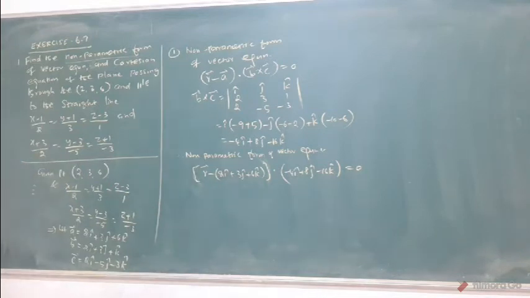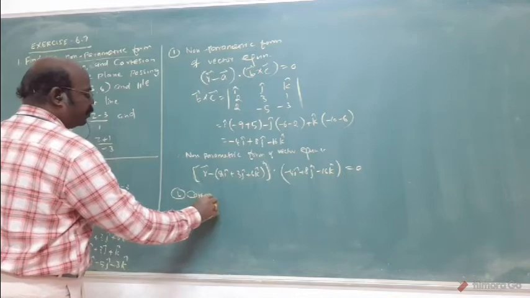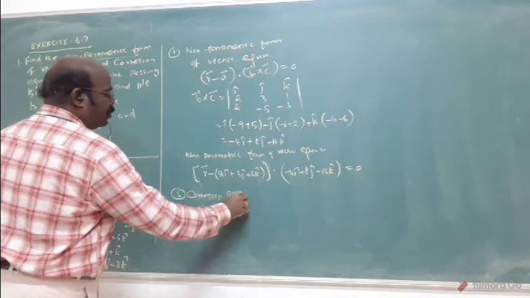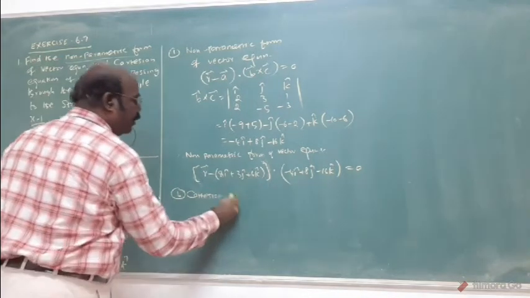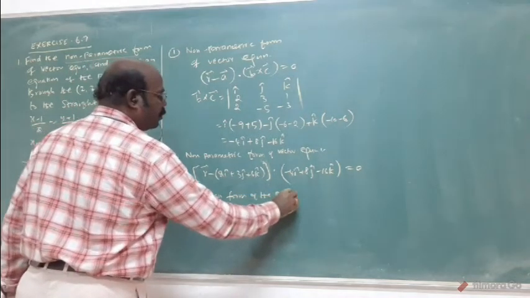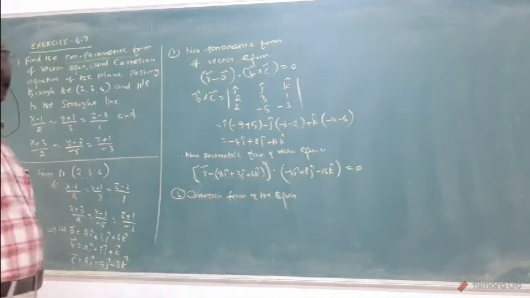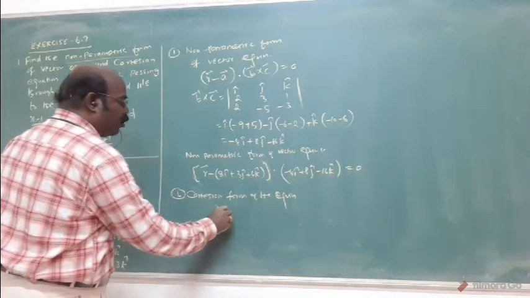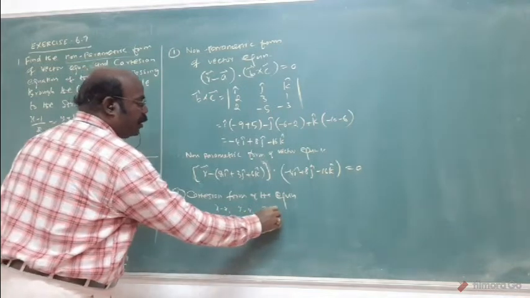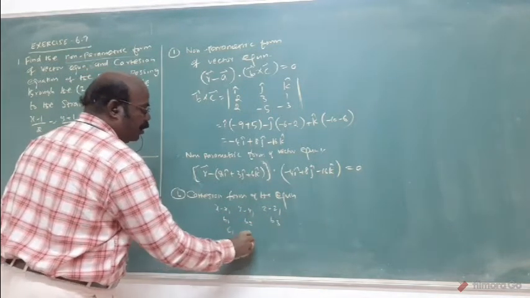Now next is the Cartesian form of the equation. We have a formula: the determinant with rows x minus x1, y minus y1, z minus z1; b1, b2, b3; c1, c2, c3.